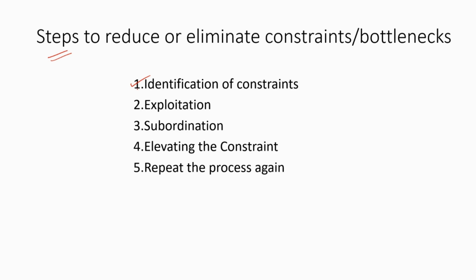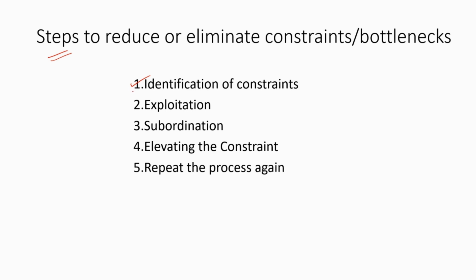This involves analyzing the system's operations, resources, and performance to determine the factors that limit or restrict its output. Constraints can be identified through various methods, such as data analysis, process mapping, observing workflow, or gathering input from stakeholders.